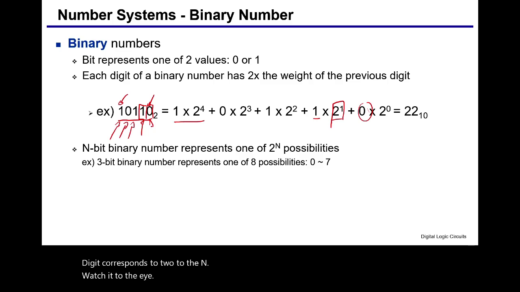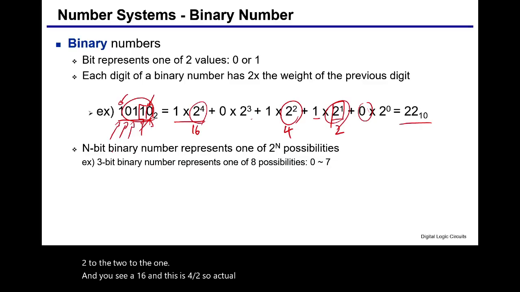By combining these bits, we get the actual number. So here 10110 is adding 2 to the 4, 2 to the 2, 2 to the 1. This is 16, and this is 4, 2. So the actual number represented is 22 in decimal.